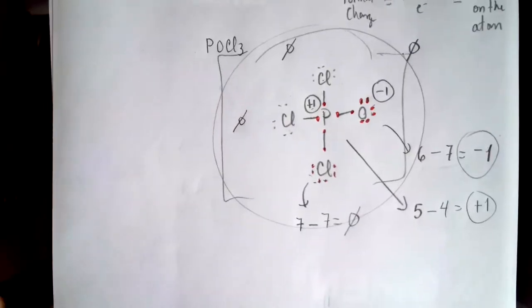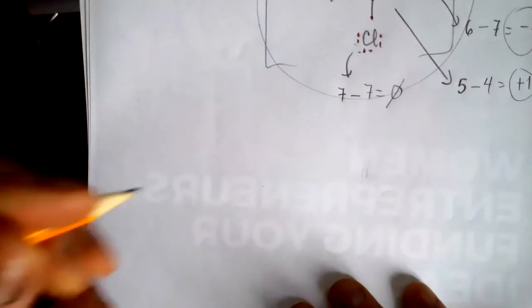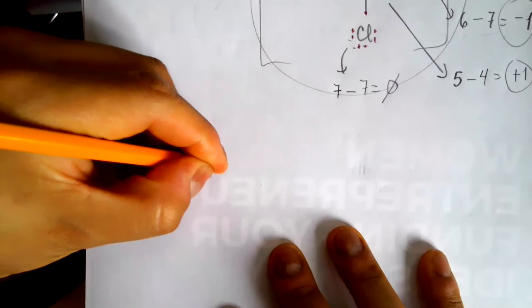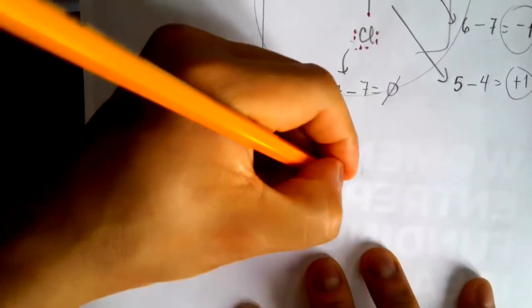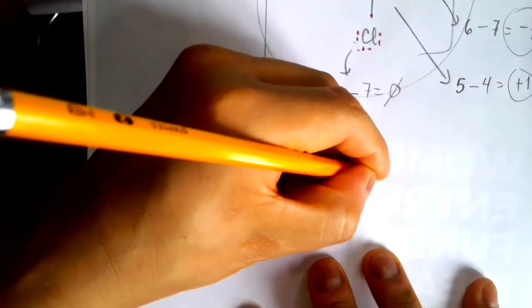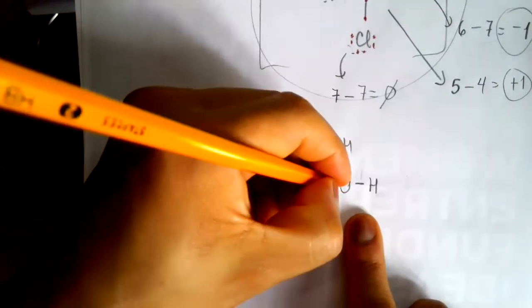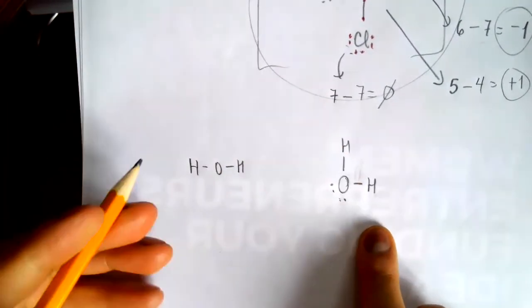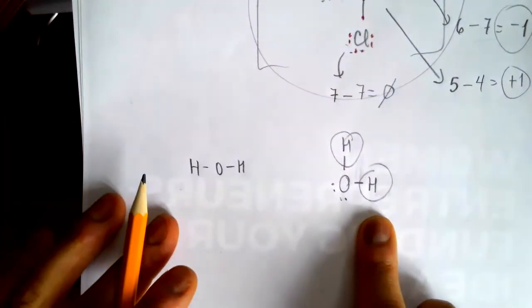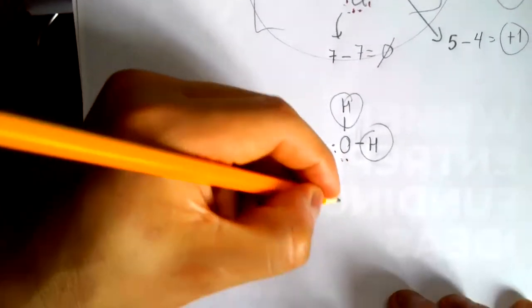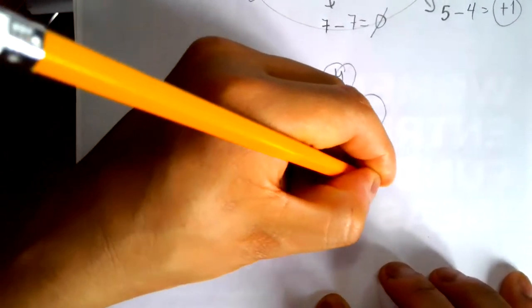For example, if you have to do water, I would never put water like this because that doesn't minimize repulsions. These two hydrogens are too close. What would be the best? Well, you would say, what if I spread them out?